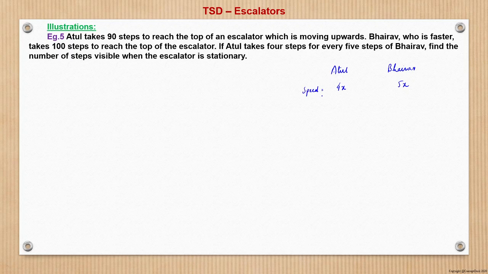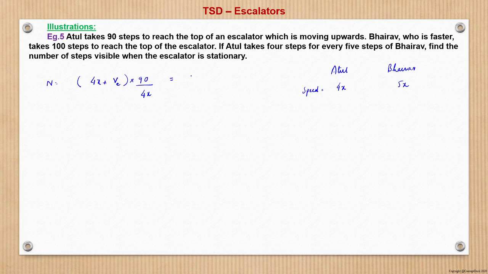of Atul and Bhairav. Now Atul takes 90 steps to reach the top. What is the effective speed of Atul? Same direction, so it will be 4x plus velocity of escalator into time. Time is what? 90 steps Atul has covered at a speed of 4x. So 90 upon 4x. Right.